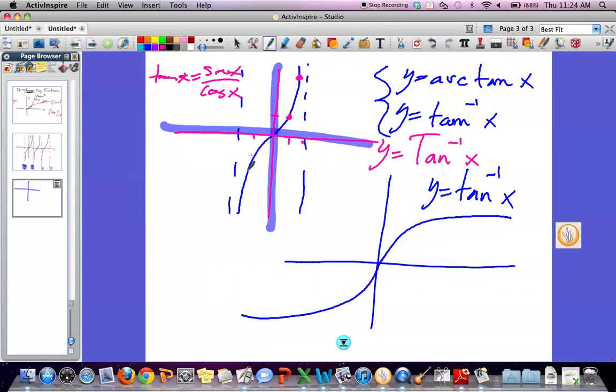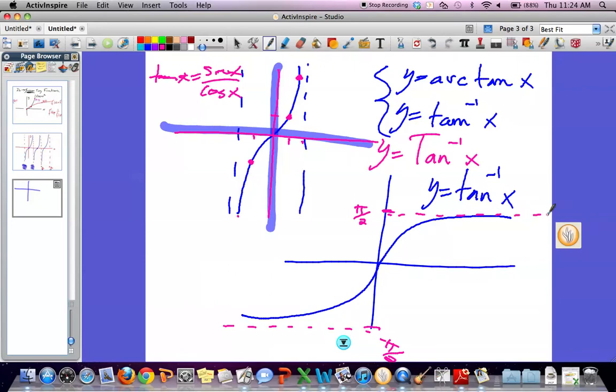Likewise, here at negative 45 degrees, it's negative 1, and we could go this way. So if I plot them, all I do is switch my points around. Then this right here would approach pi over 2, and this would approach negative pi over 2. And this becomes a horizontal tangent instead of a vertical tangent. This is a horizontal tangent.